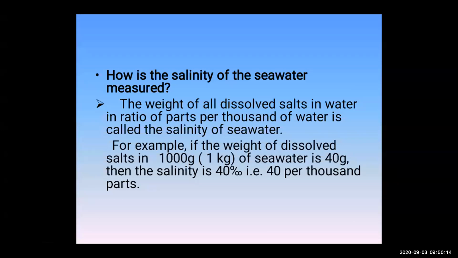For example, if the weight of dissolved salts in 1000 gram, that is 1 kg of seawater, is 40 gram, then the salinity is 40 per thousand parts. Salinity is measured in per thousand parts. You have to note it.